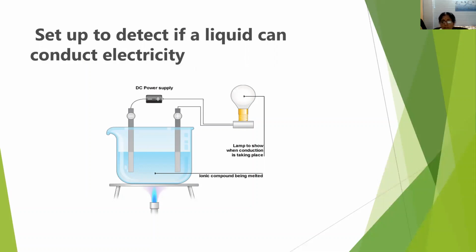The two ends, the free ends of the conducting wire, should be immersed in a liquid, and if the circuit gets completed, if the liquid is a good conductor, then the bulb glows. If the bulb doesn't glow, then we can understand the liquid is a poor conductor of electricity.